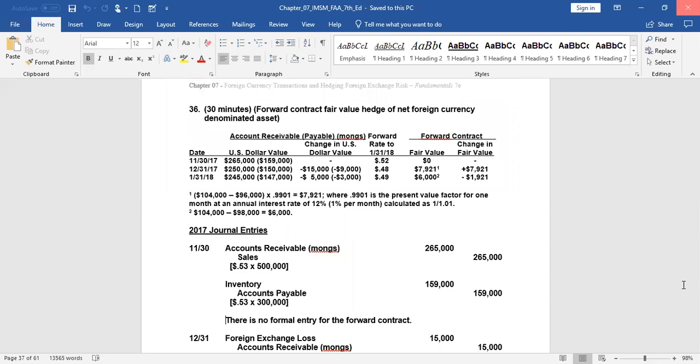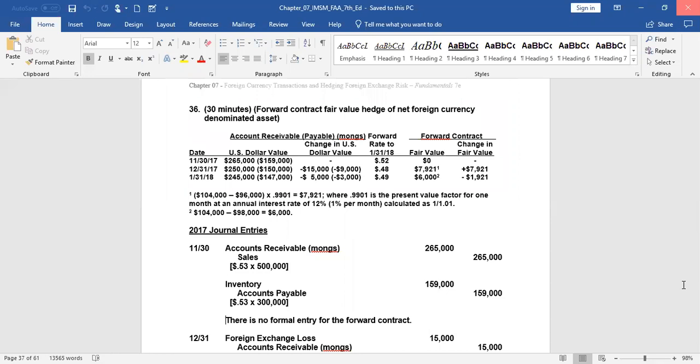On December 31st, the end of their year, the spot rate was at 50 cents, and if you signed a contract on December 31st, your forward rate would have been 48 cents. And finally, January 31st, the spot rate is 49 cents, so is the forward rate. Okay, because they're not going to sign a contract the day of the conversion.